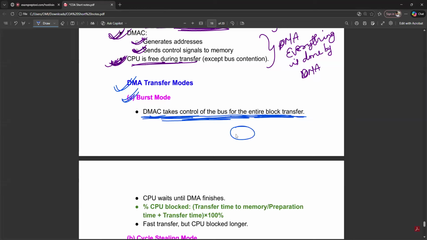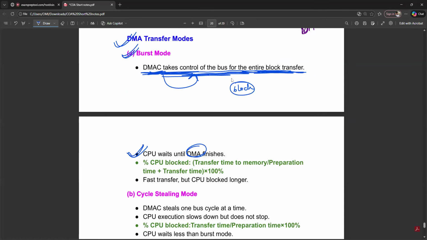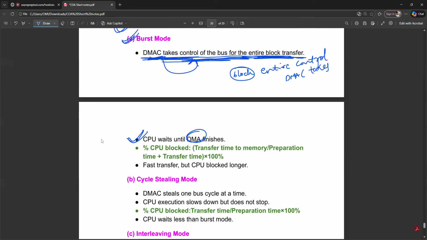So when it has to transfer the entire block, the DMA controller takes entire control of the bus, due to which the CPU waits until the DMA finishes, right?